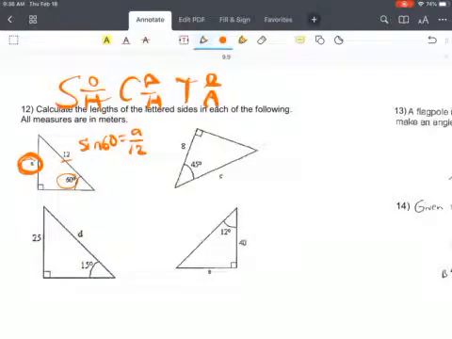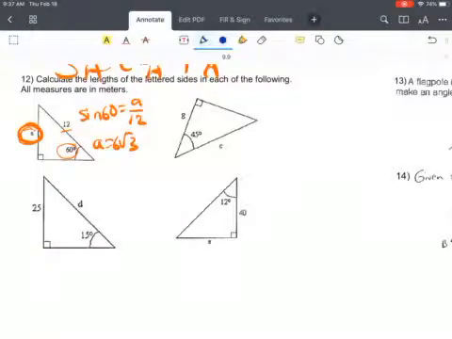Then I can cross multiply and solve. I also know that this is a special right triangle, and so I could get A as 6 root 3. For C, this is another special right triangle with 45, so it'll be 8, 8, and 8 root 2. I can just stop there.